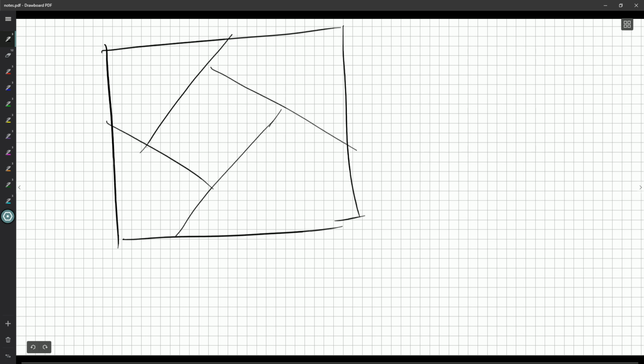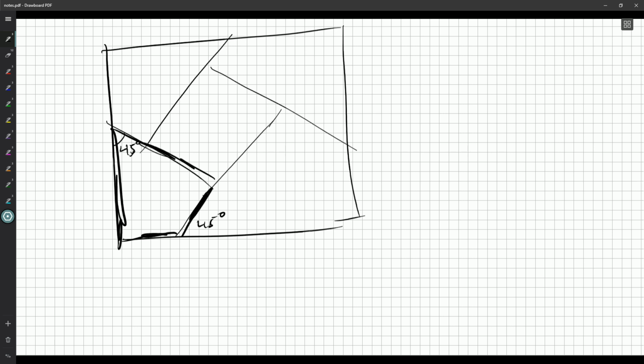Because they're parallel to the diagonals, I know that this is 45 degrees and this is 45 degrees, but here I've got a nice little quadrilateral. Now, what is the sum of the angles inside a quadrilateral? Well, 360 degrees. I've got a 90 here because it's the corner of a square.